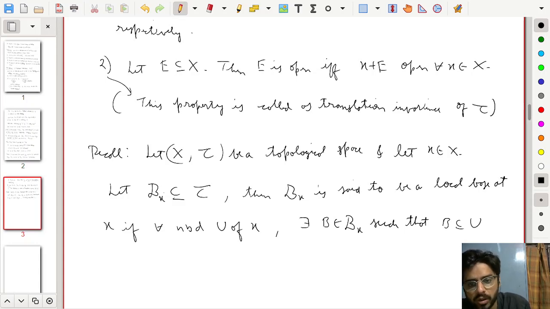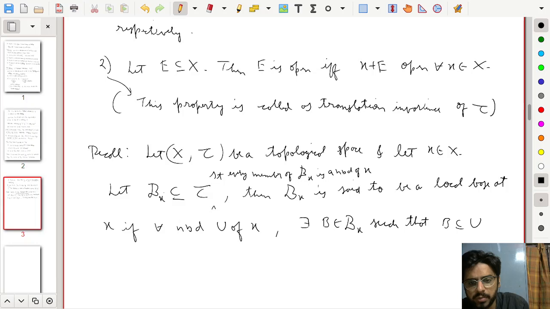I have to add one more thing here. Let B sub x be a collection of tau such that every member of B sub x contains x. Every member of B sub x is a neighborhood of x.